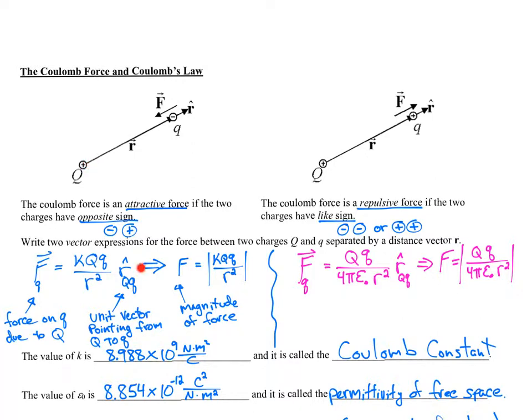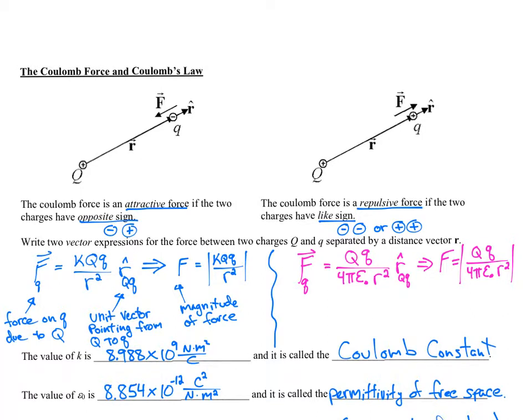And then we have an r hat vector here with big Q, little q subscript. That's a unit vector that points from big Q to little q. A unit vector is a vector of length 1. So when we multiply this by a unit vector, we don't change the size of this. All we do is use this unit vector to indicate a direction.